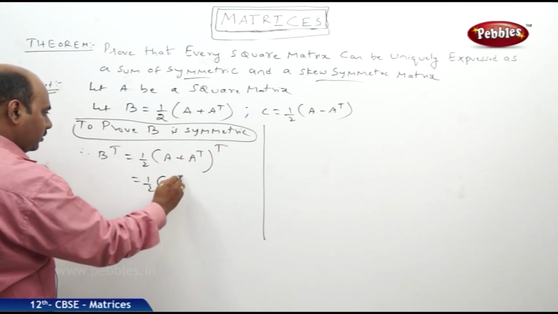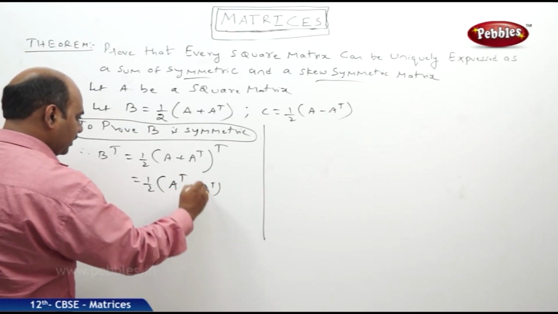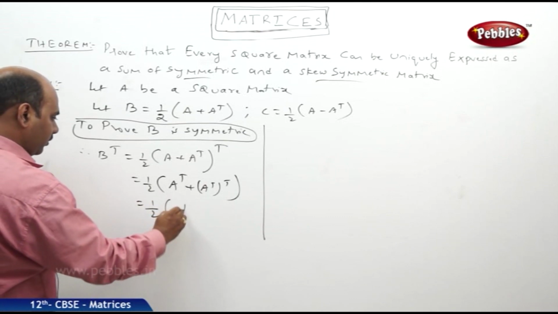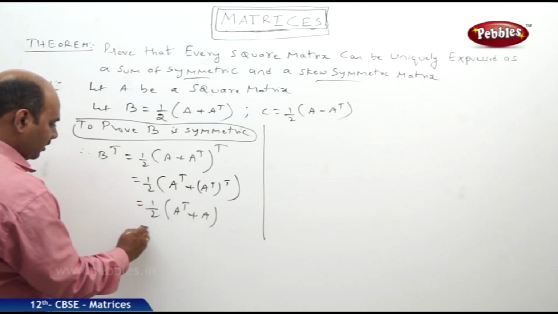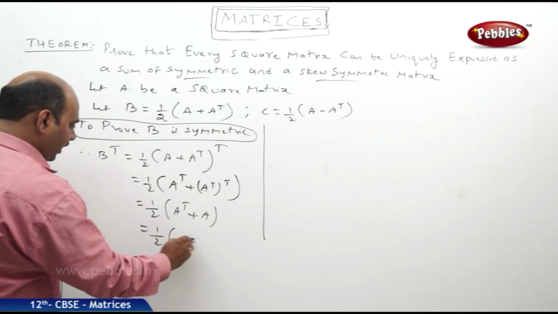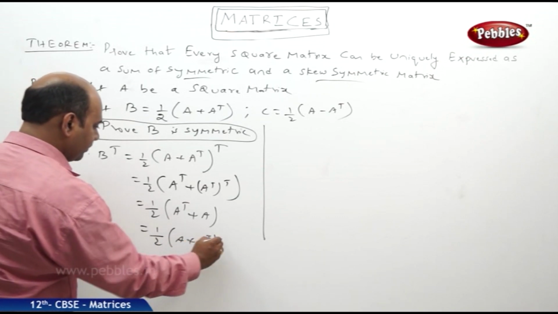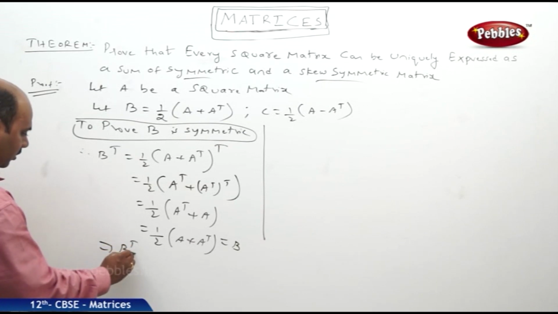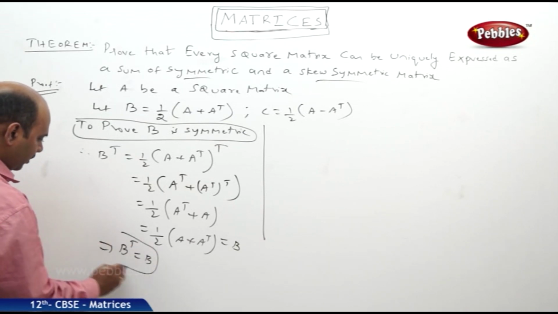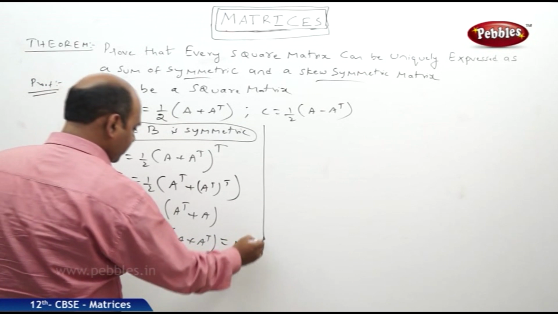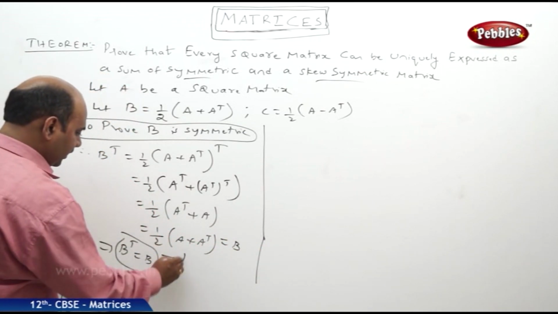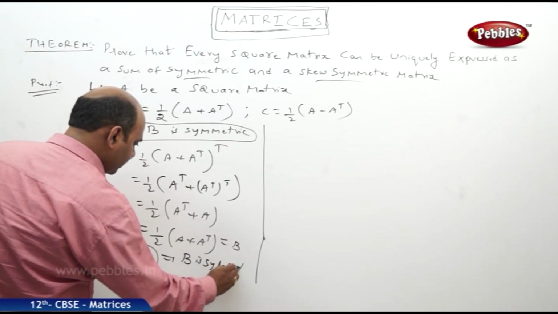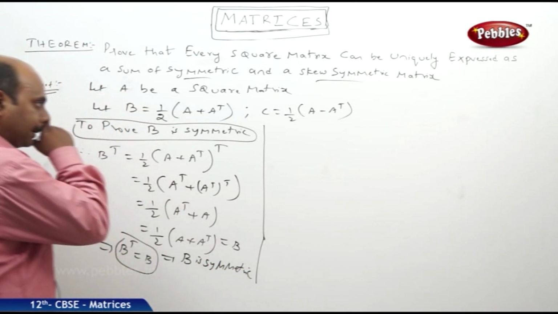So 1 by 2 into, this is A transpose and A transpose whole transpose, so 1 by 2 into A transpose plus A. So 1 by 2 into A plus A transpose, that is equal to B. So I got B transpose is equal to B. That means this is a symmetric matrix. That implies B is symmetric.